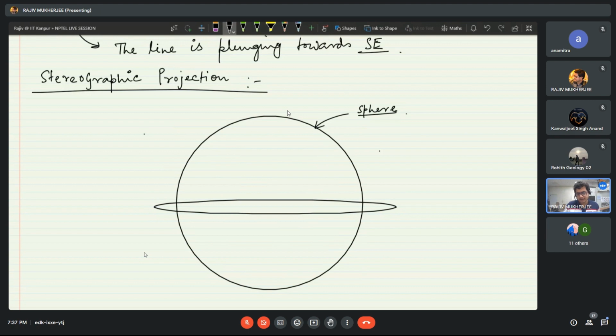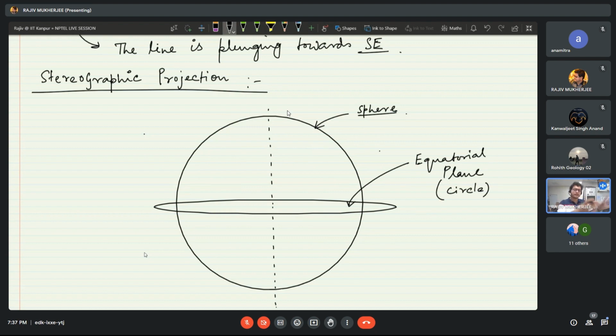This is known as the equatorial plane, which is a circle, right? And then we pass a line from the center that essentially divides this entire sphere into two hemispherical parts, right?